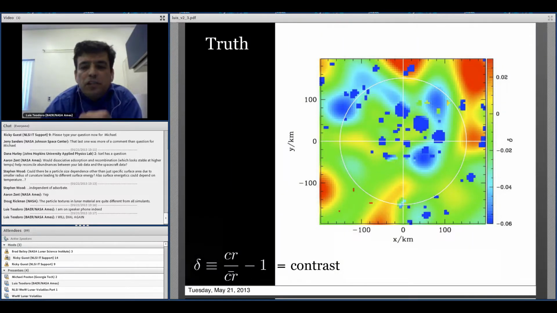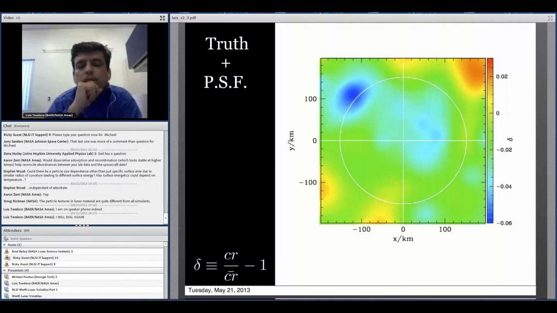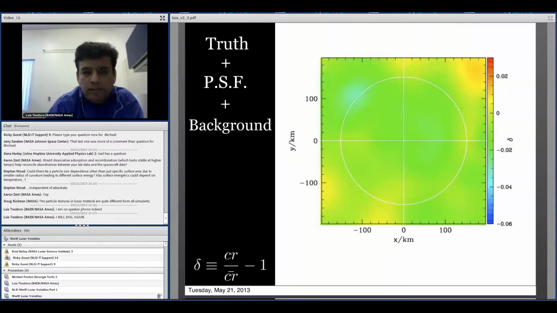The next step that we are going to introduce is the point spread function. As we can see, most of the detail appears on small scales, while on large scales, things pretty much agree with the previous map. So next, we introduce a background, and I would say the detail has gone.